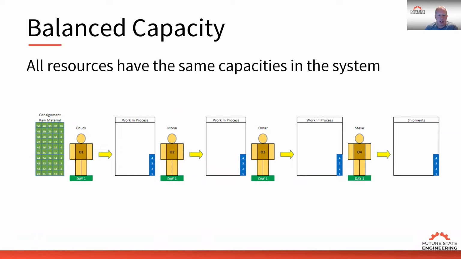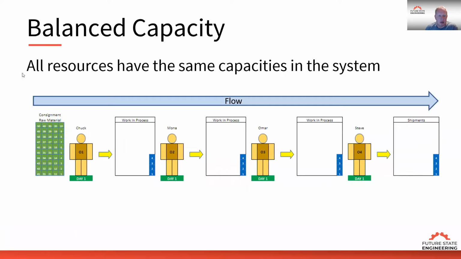Those processes do different elements of work as work flows through the system. The flow of work in this case goes from left to right, through different operations to complete the task. At the end of the completion of the task, the product or service is completed to ship to the customer. And we have a direction of flow.